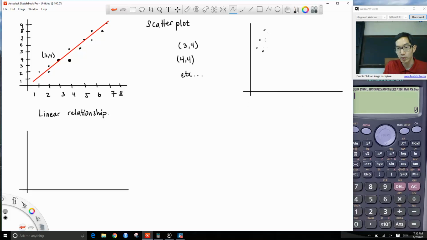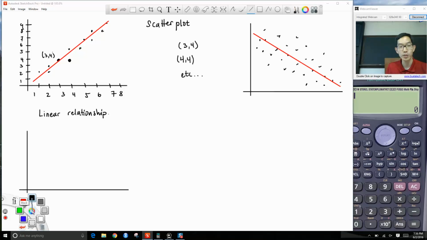Okay, so there could be a lot of scatter, and it could still be something like a linear relationship. So you could have something that looks kind of like this, with dots. But overall, the trend can be summarized with a straight line, although we might say there's a lot of scatter.